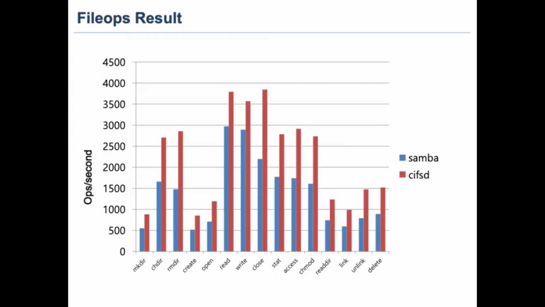Fileop is a tool that shows performance as the number of file operations that can be performed per second. I think it is a good benchmark tool that evaluates overall file system performance, rather than measuring simple read-write performance. As a result, with fileop cifsd was estimated to perform 20 to 40% faster overall.